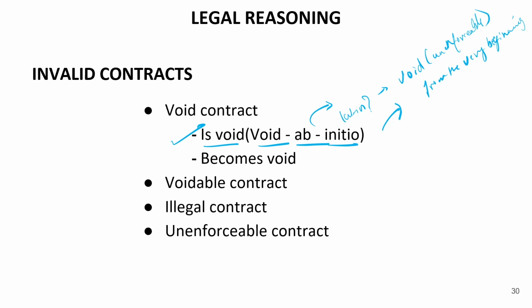And I would like to mention here that under section 26, you have mention of restraint of marriage, I suppose. Yes, section 26 talks about restraint of marriage. Section 27 talks about restraint of trade.